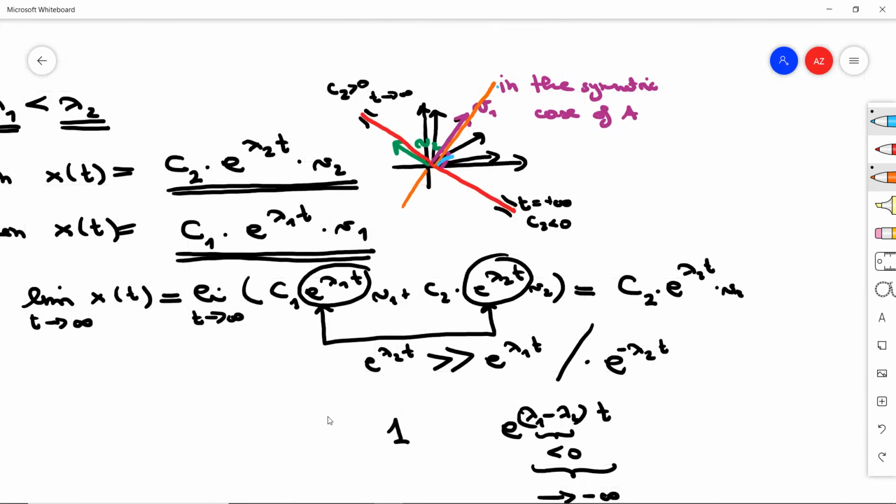So either here or here or here or here, depending on the sign of C1. So as t goes to minus infinity, we'll be going toward the origin, but the slope will point in the direction of the orange line, so in the direction of V1.